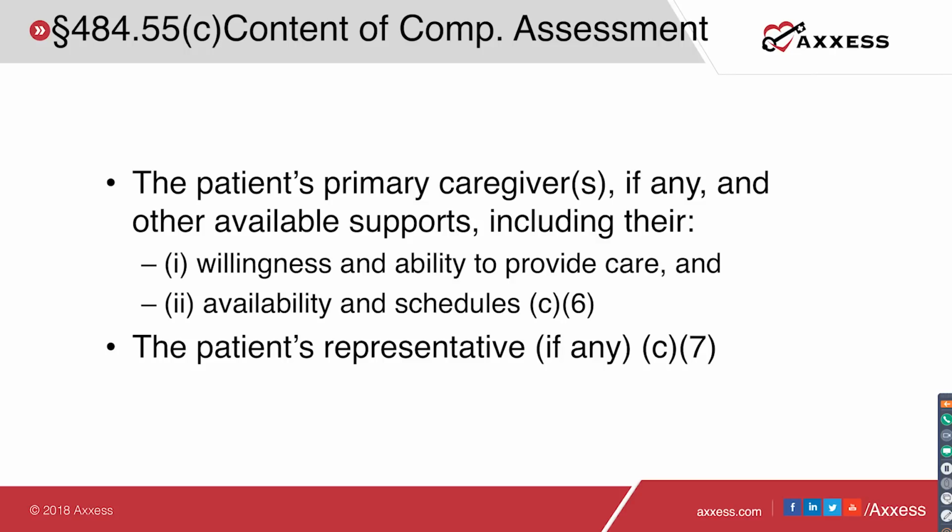So for that reason, you're going to see already in your patient intake form, or the new patient form as it's called, prompts that ask for things such as the patient's primary caregiver or other support persons, or the patient's representative, and if this is a legal representative or if it's a patient's chosen representative, because that's a new philosophy that's been introduced in the new COPs as well.